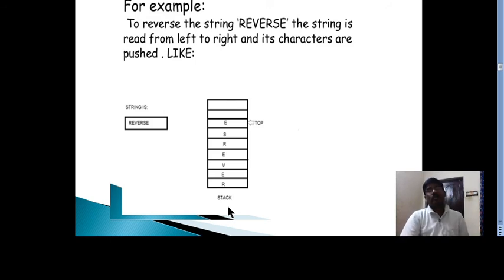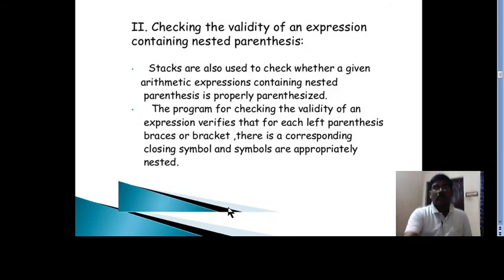And the second example is checking whether an expression is valid or not, where the expression has nested parentheses. It is obvious that sometimes we may miss a left or right parenthesis. We place a left parenthesis but may forget to place the corresponding right parenthesis.